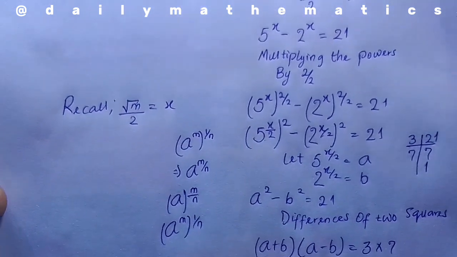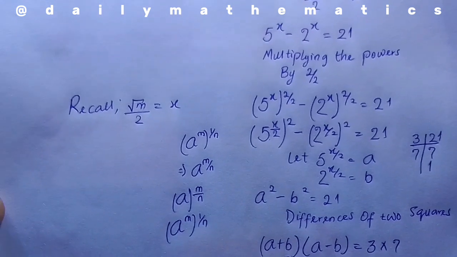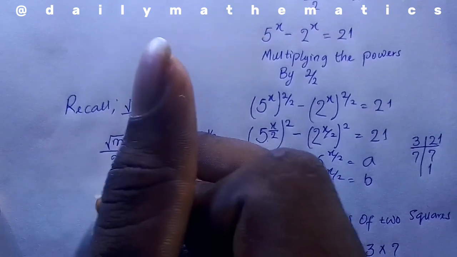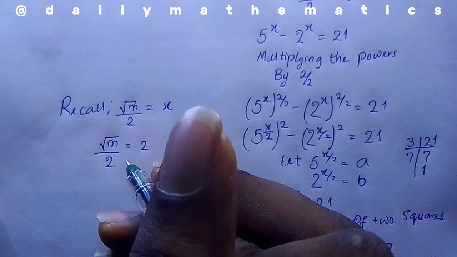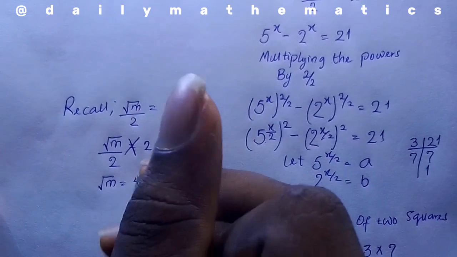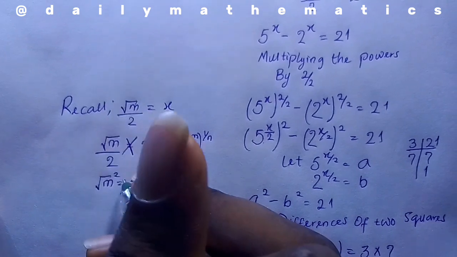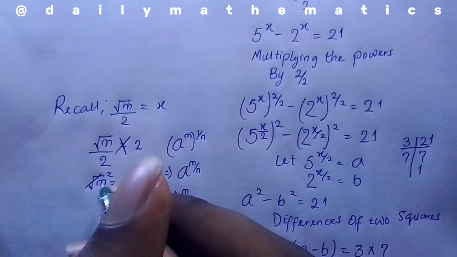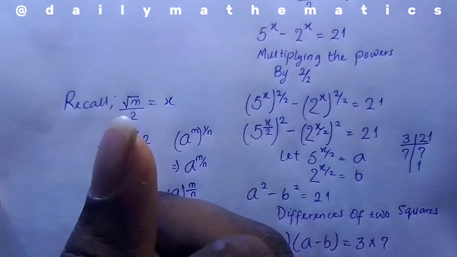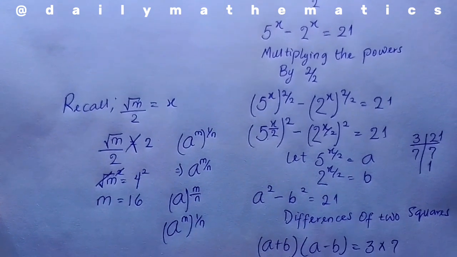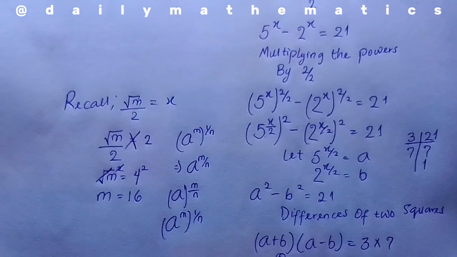We found x to be 2, right? So from here, root m over 2 equals 2. We cross multiply. Root m equals 4. From here, we square both sides to get rid of these roots. Square cancels square root. M equals 4 squared, which is 16, right? So m equals 16. This is the value of m.